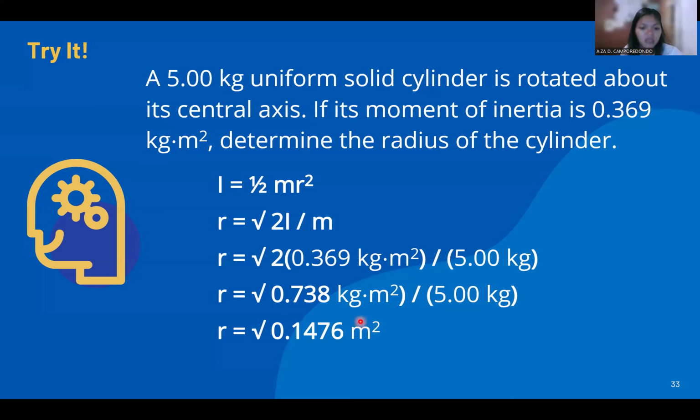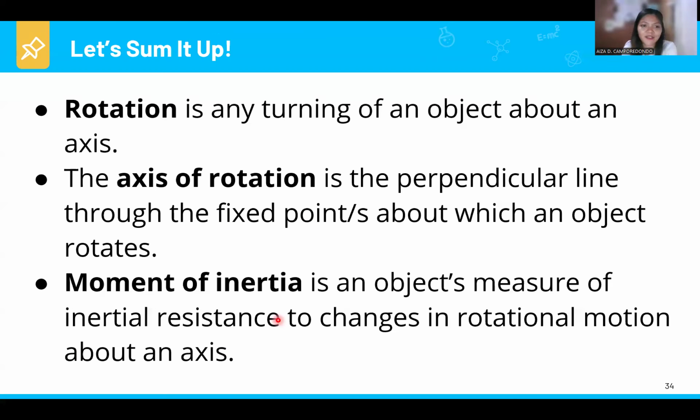In this case, this is not the final answer. The square right here can be neutralized by the square root right here. So we will get the radius of 0.384 meter, and that would be the radius of the cylinder.